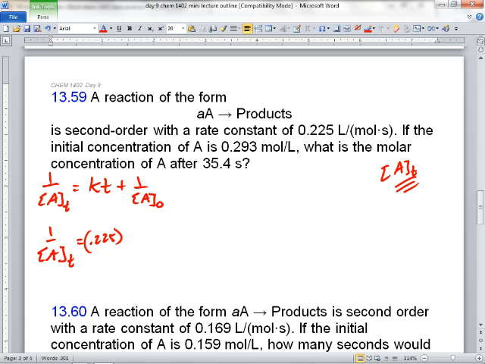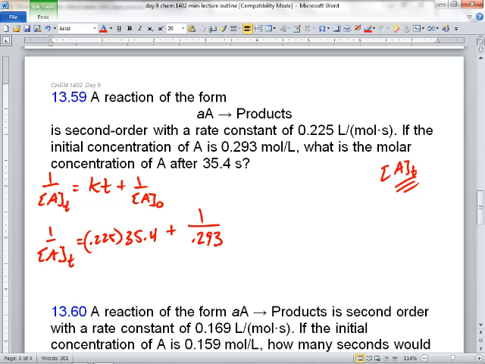Anybody see it? That's 35.4 plus 1 over 0.293. The original or the... Okay. So what are you going to do to solve for the concentration of A at time t? Oh, he wants to do the 1 over x way. I agree, that'd be faster.